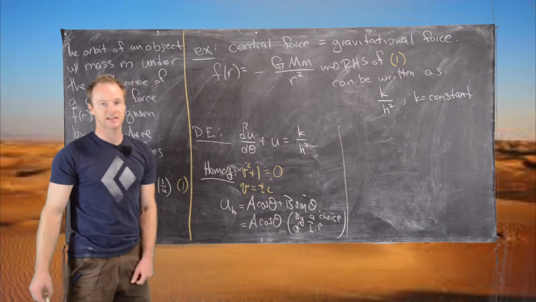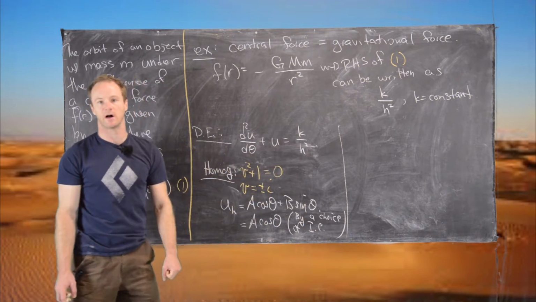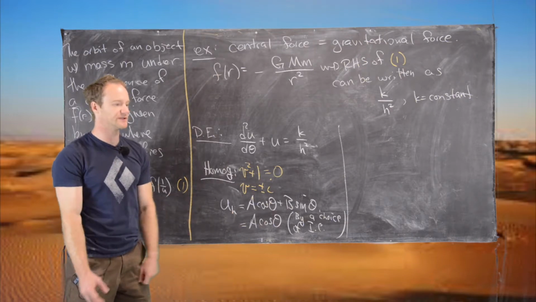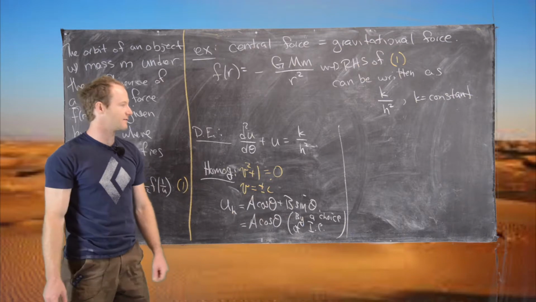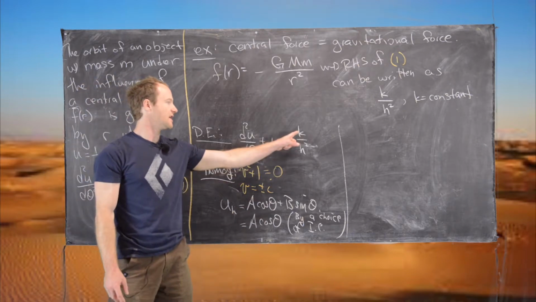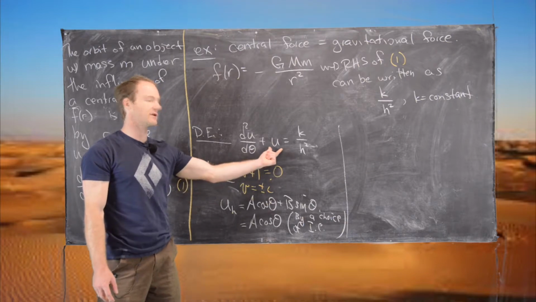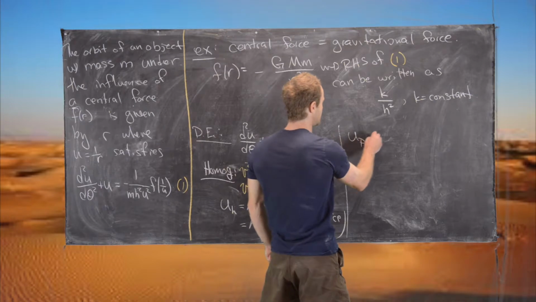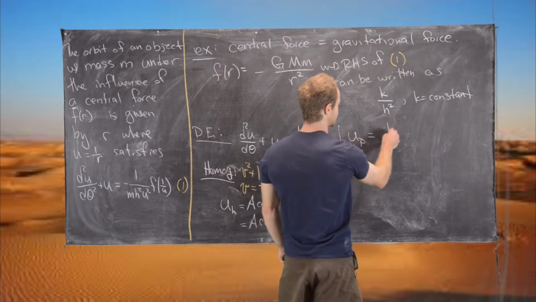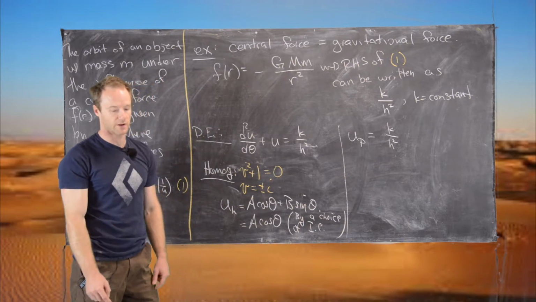Okay, now the next thing we need to do is find the particular solution. Notice the right-hand side is a constant polynomial. So in general, we would choose a constant as a guess for the particular solution. In this case, there's not much to it, because if we let u_p be just this constant, notice its second derivative is 0, and that is the particular solution itself. So u_p is just this constant k over h squared. Okay, great.